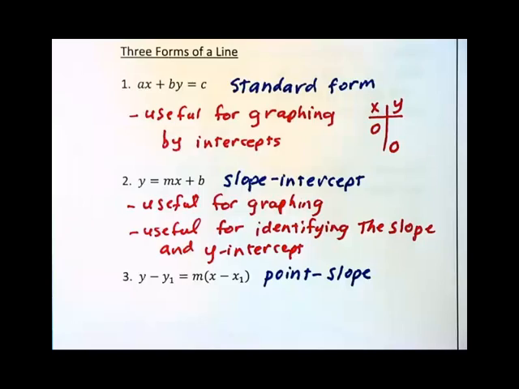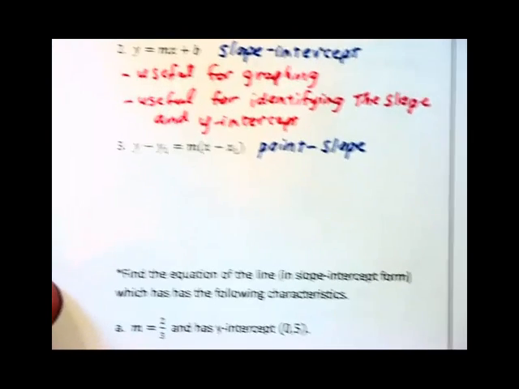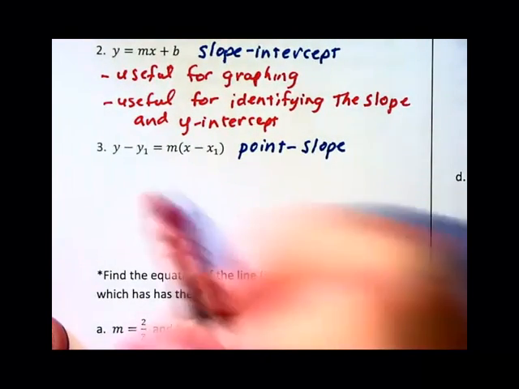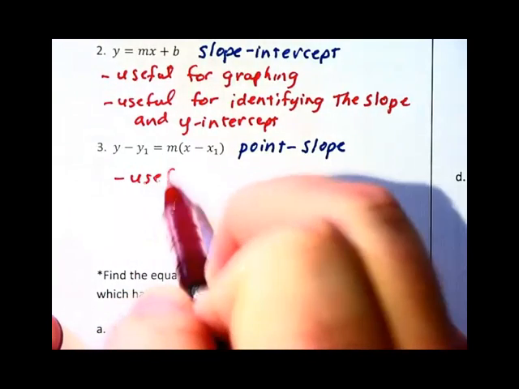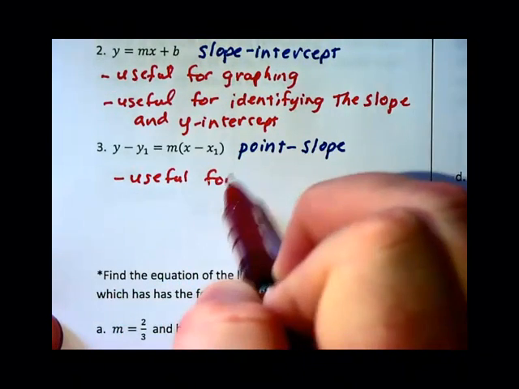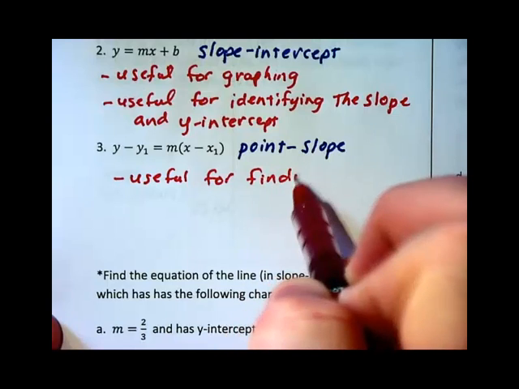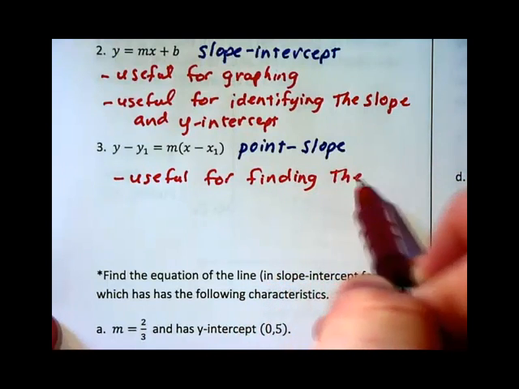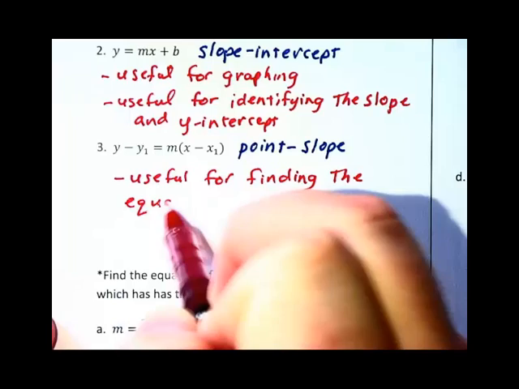Now this third formula here, the point-slope formula, I'm going to say it's useful for finding the equation of a line given clues.